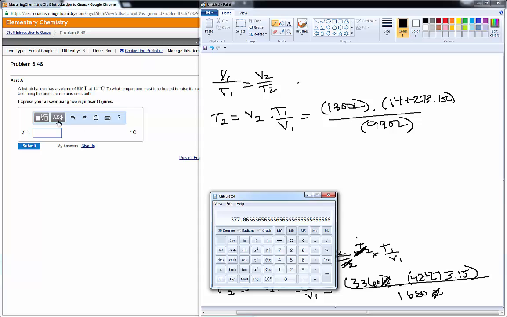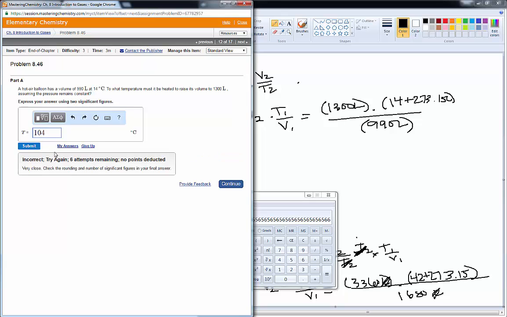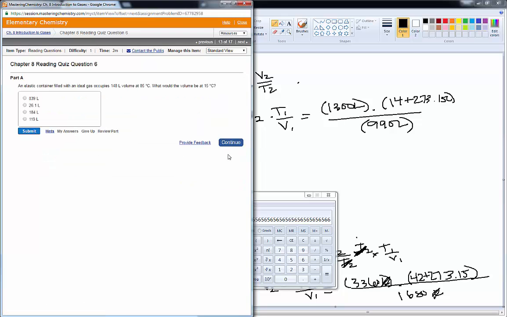Should be 377 Kelvin, which is 104 degrees Celsius. Oh, very close. Careful with the rounding. They only want 2 significant digits, so that's just 100. Again, I don't test you on significant digits, so.